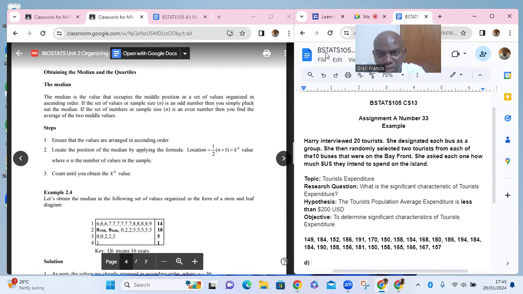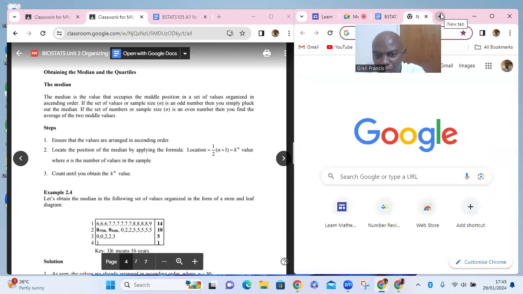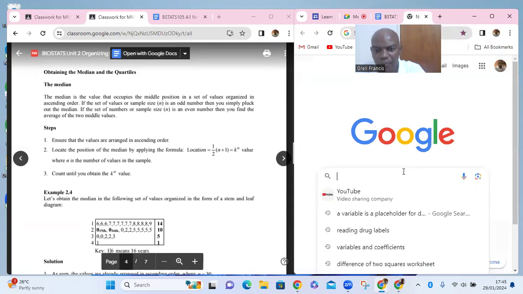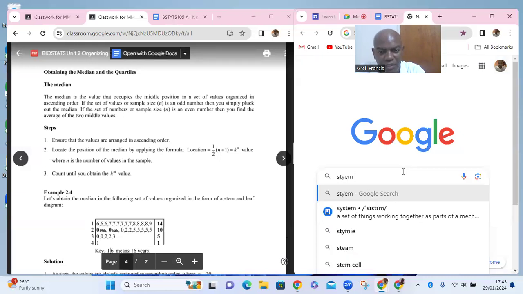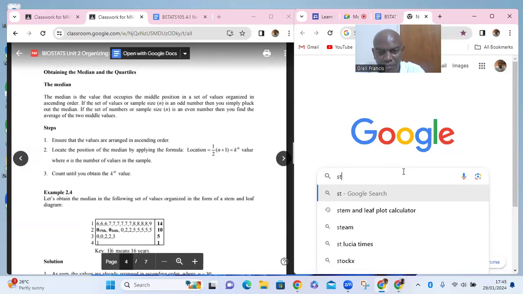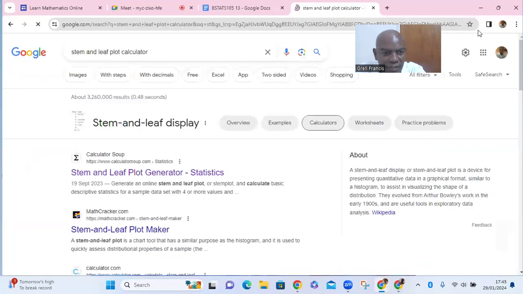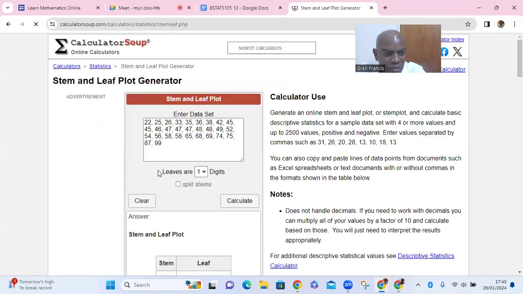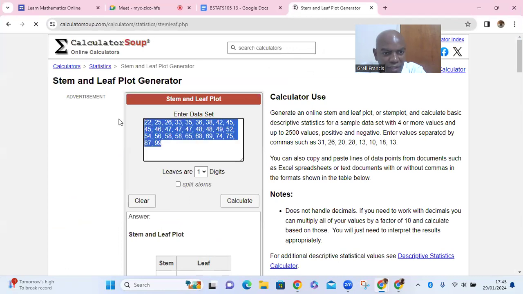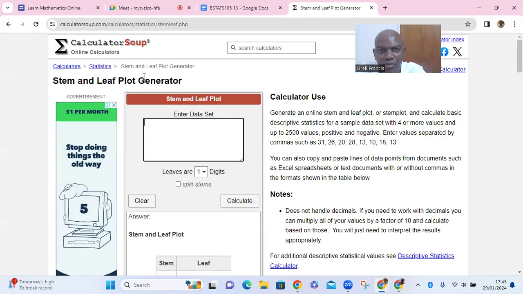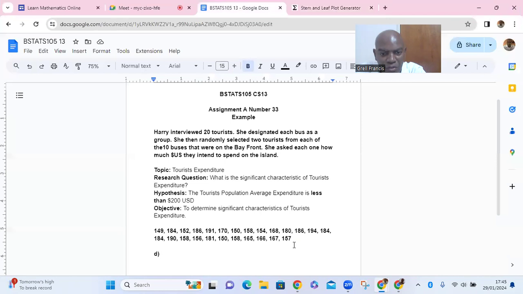So I'm going to use an app to do that. Basically, I'm going to go into Google and type stem and leaf plot calculator, and here's one right there. So I'm just clicking on it, and I'm going to put my values. Just copy these values.